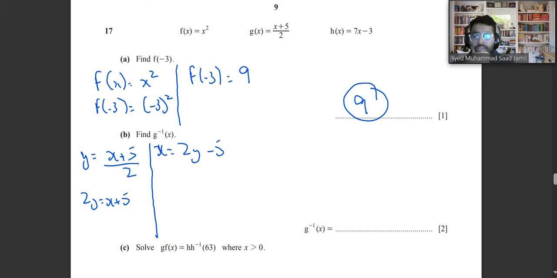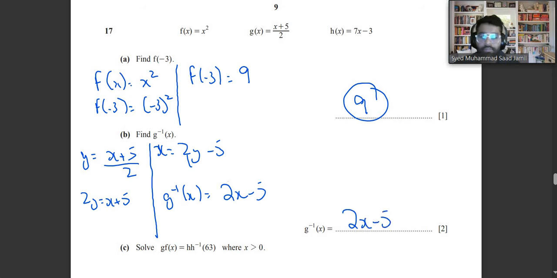So when you write g inverse x, it will become 2x minus 5. Sorry, not 3, it's 2. 2x minus 5. Let me erase it for you guys.